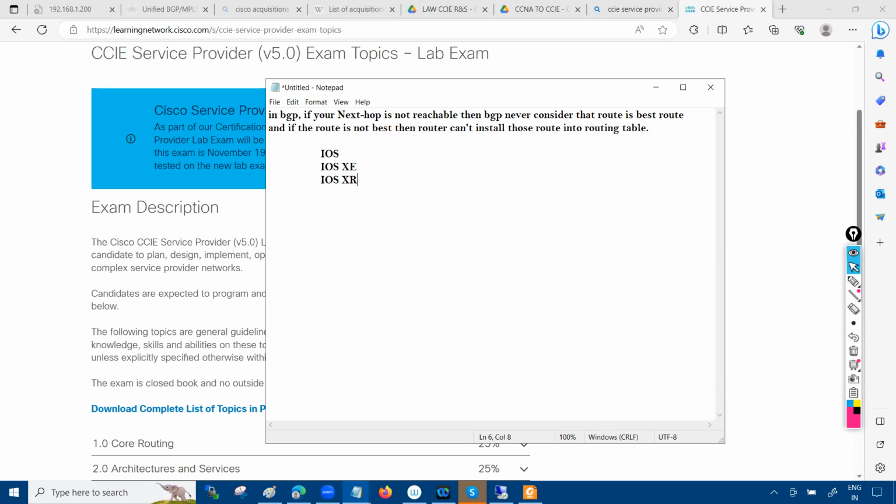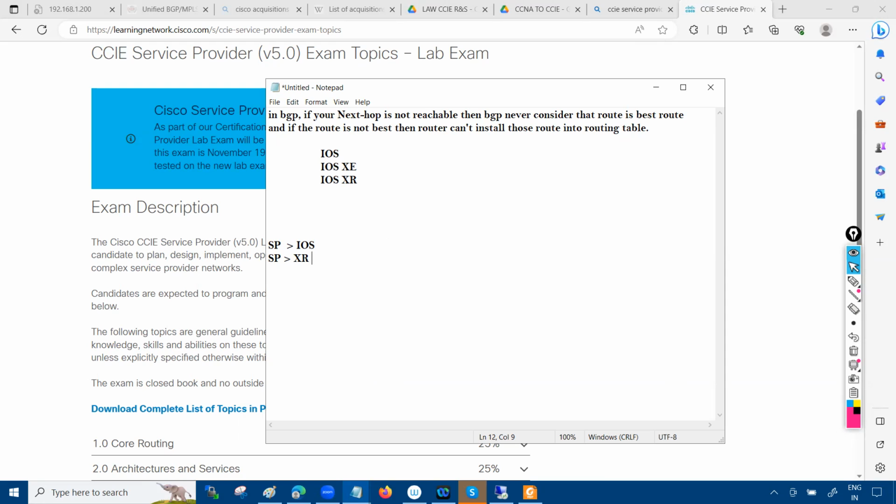It's not like in the complete service provider courses I have seen, where multiple people teach only the IOS part, most of the commands on IOS, or maybe only XR. We are going to discuss everything. For example, on a topology we will discuss IOS, IOS XE and IOS XR as well.